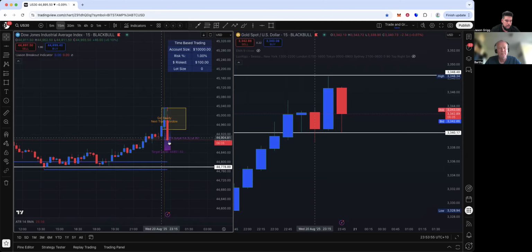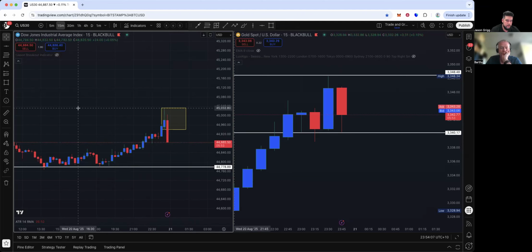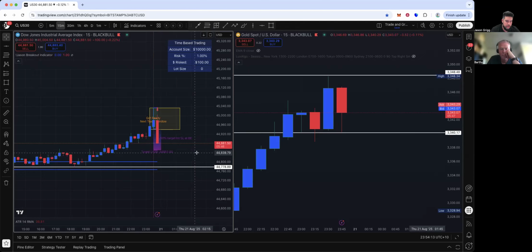Okay, so partials now, if you're on US30, if you're collecting half. It's pretty volatile, it may just go straight into TP, which is 44851.